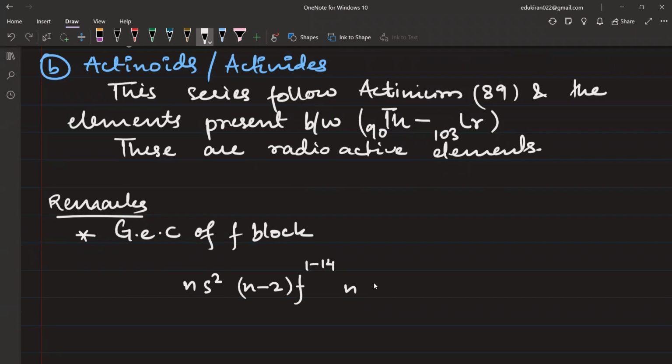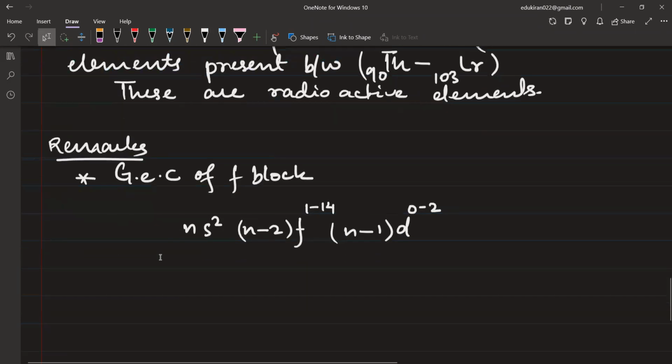Now n-1 d will also be there sometimes, and in d you will fill 0, 1 or 2 electrons. np is not there. Sometimes the d orbital is also filled because of relativistic effect. You don't have to worry about it. You just write this general electronic configuration. Most of the time, it is never asked.